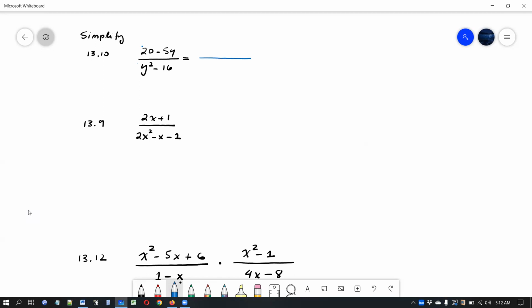So we take a look at the numerator and see what we can factor in the numerator. We see that the two terms have a 5 in common. That's my GCF. I will pull out the 5 and then we'll divide 20 by 5 and minus 5y divided by 5.